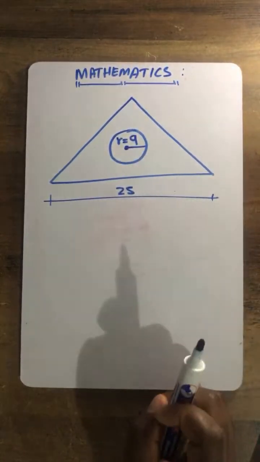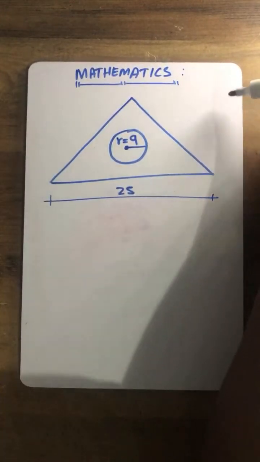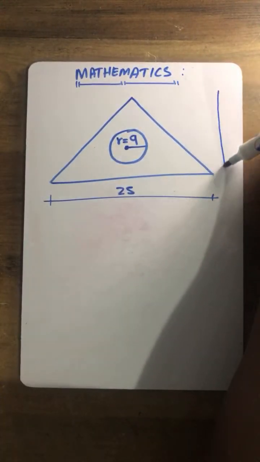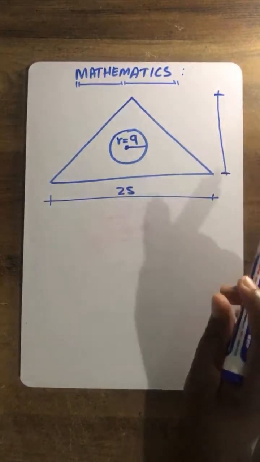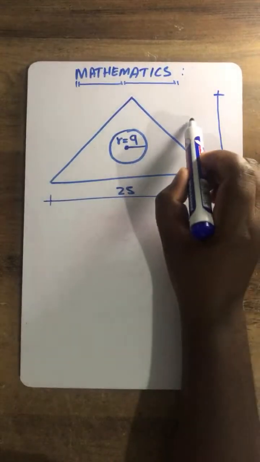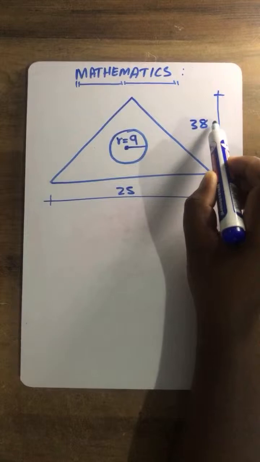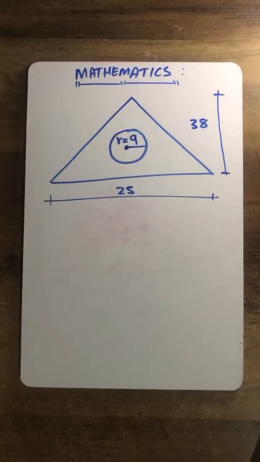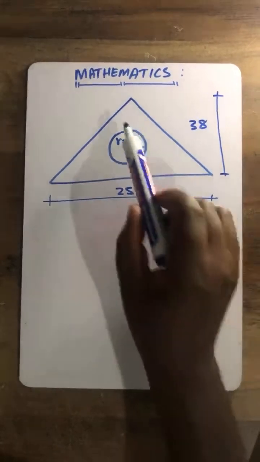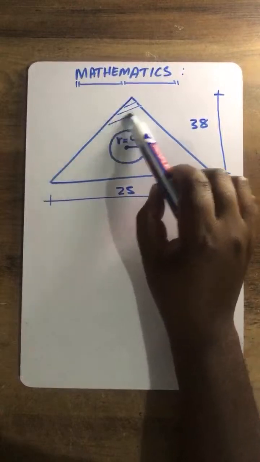So the unit is going to be whatever units; all those units are in centimeters. You see that one of 9, I didn't have a space there. This one, let us say it is 38. So what they want you to calculate is the area of the shaded part.